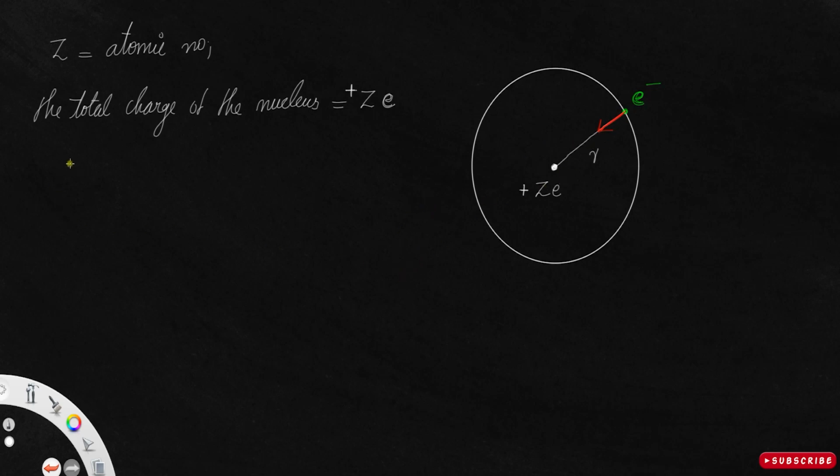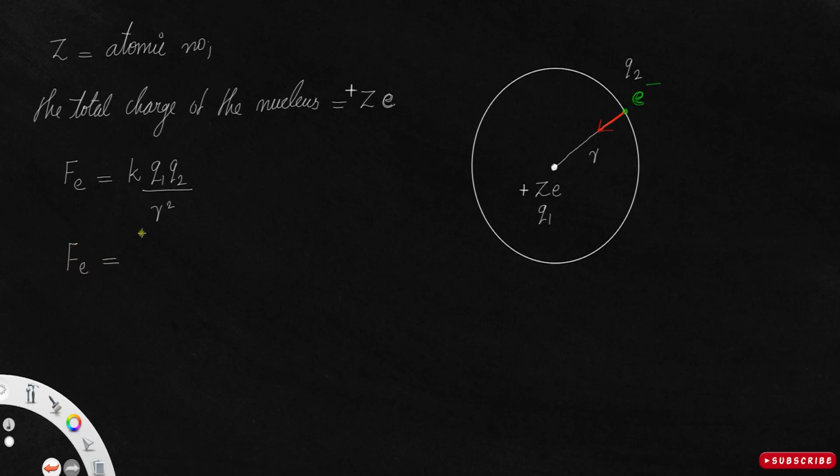And we know the magnitude of the electrostatic force of attraction will be K, this K is the electrostatic force constant, K into Q1 Q2 divided by r square. This is the general formula, but we know Q1 is Ze and Q2 is e. I'm right now taking only the magnitude.